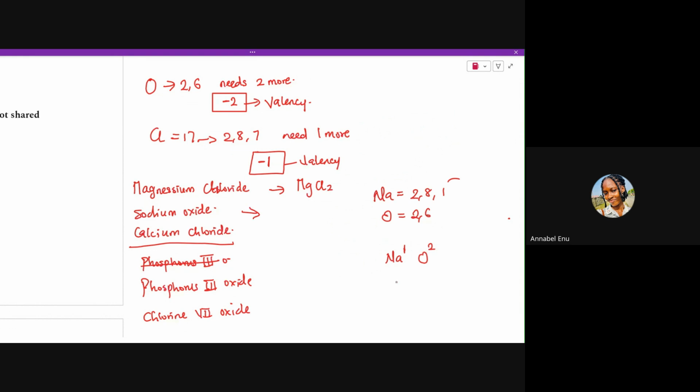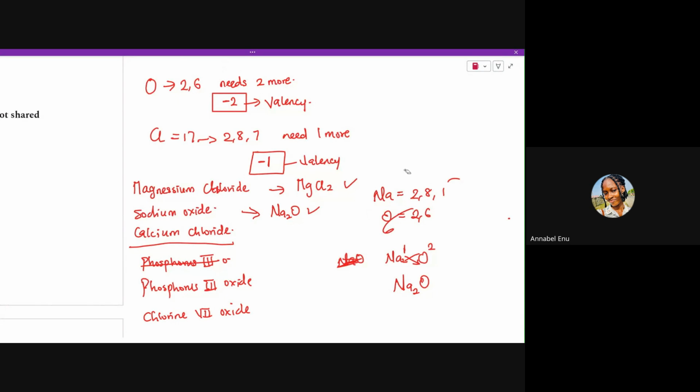So sodium oxide will be like this. We now have sodium acquiring the 2, oxygen acquiring the 1. So sodium oxide will be written Na2O. It is not just sodium and oxygen. No, this is how you properly write it. That's the formula.